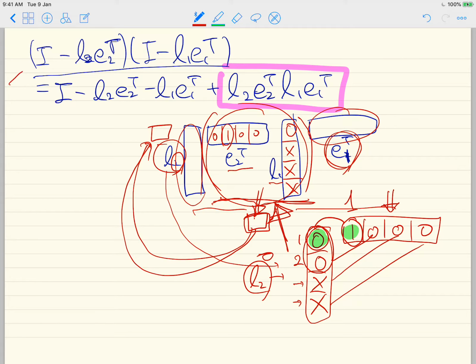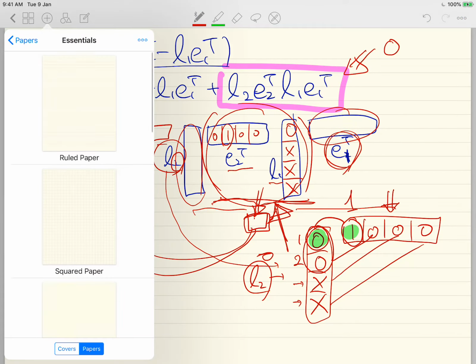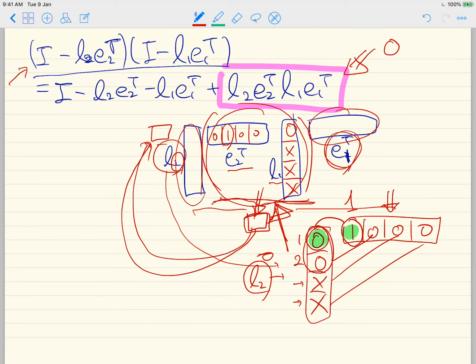So when just considering the multiplication between these two, we cannot make this part 0, but the first step that we need to do before doing this is this guy. Okay, so this is like L2 and L1, right?